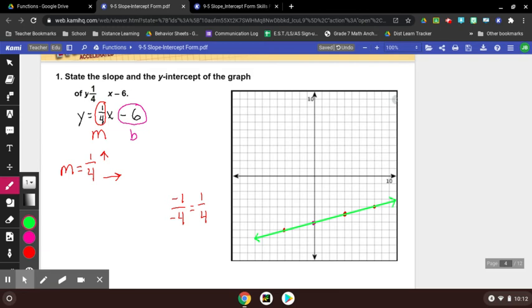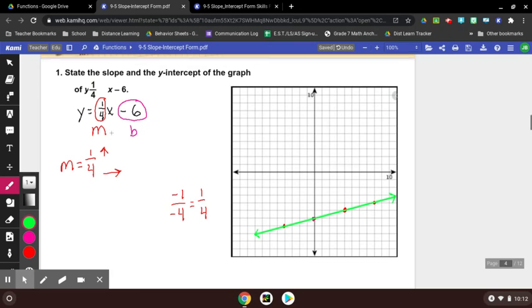Now, let's think about this. What does that line actually represent? Well, all of the points on it represent all of the possible solutions, all of the possible answers if we were to plug them into our equation.